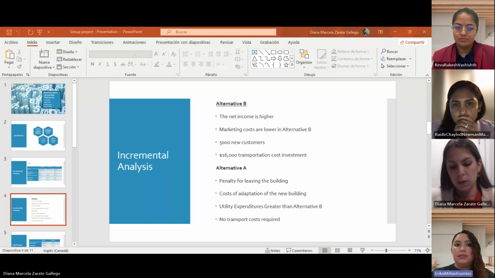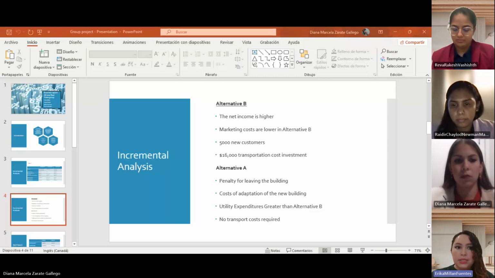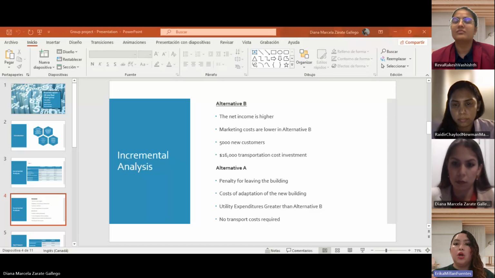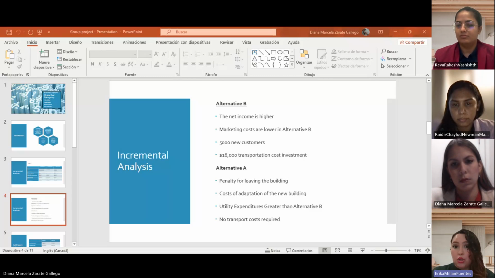The transport expense increases a little because in the first alternative we don't need a new bus, but we need a new bus, annual public services, a new place adjustment, and other costs like the cost penalization for ending the contract in this building.